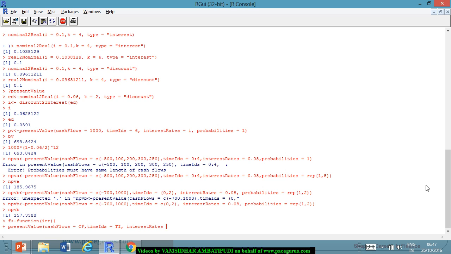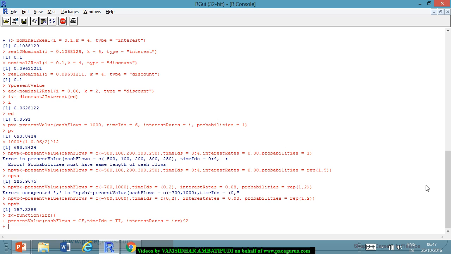This is what I'll take as IRR, and this whole thing will give me the NPV. I'll do the square of this NPV, and this is where I'll close the function bracket.